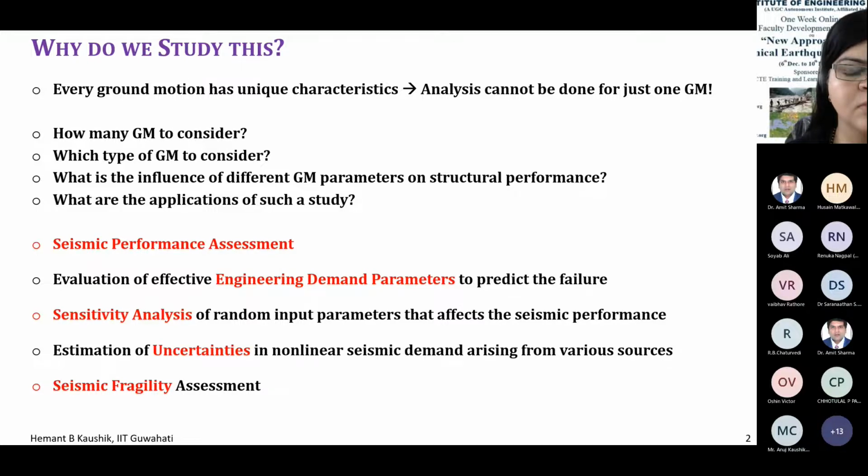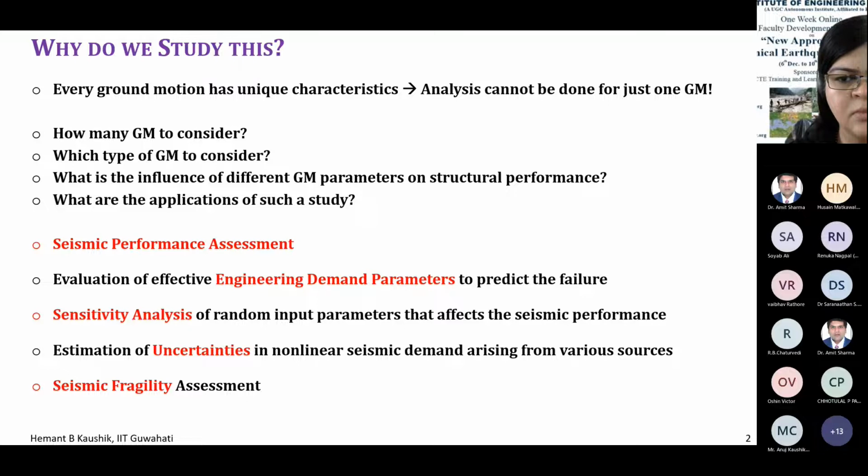So we have to use several ground motions so that we can find out the demand on the structure, considering the influence of all these ground motions, and the most critical demand we have to use in design of the structure. That is also very tricky, because there are thousands of ground motions available. So how many ground motions should we consider? And which type of ground motions should we consider?